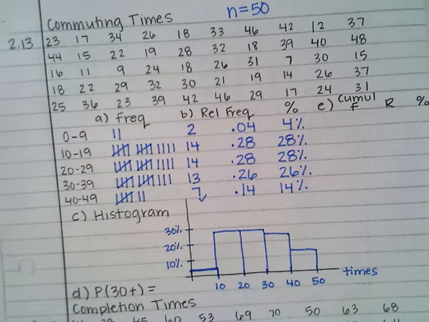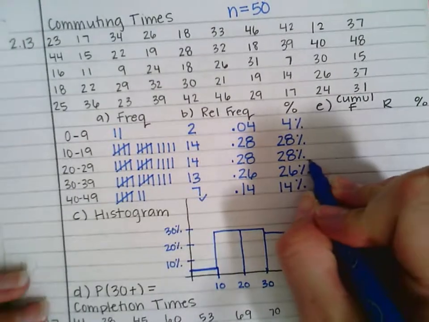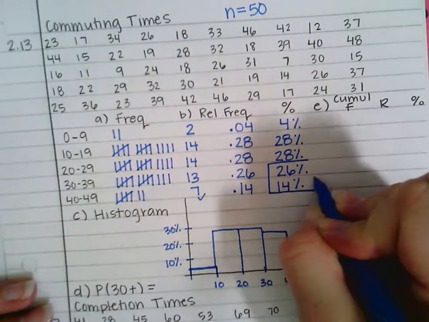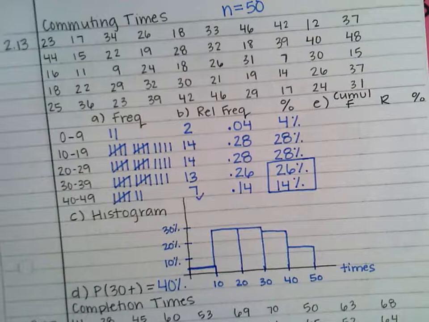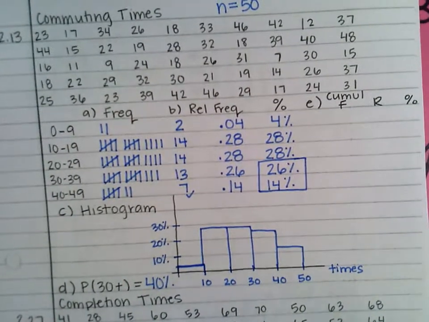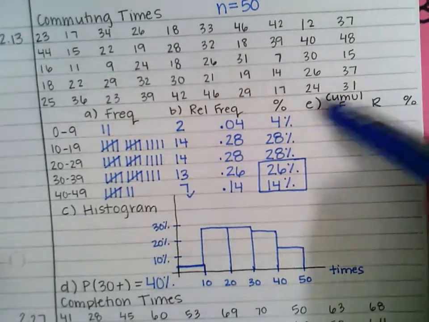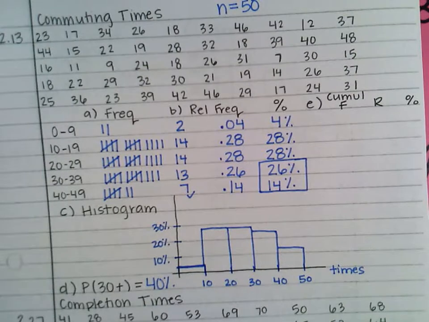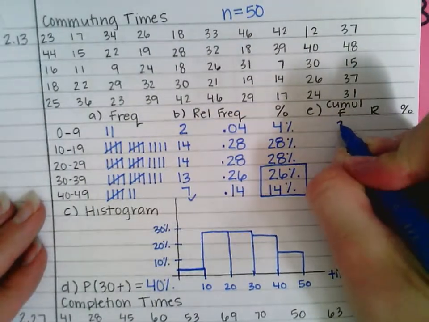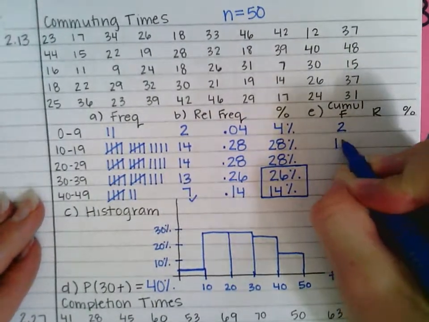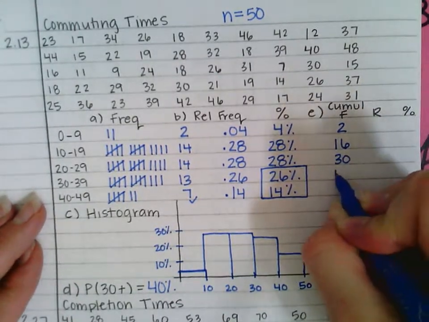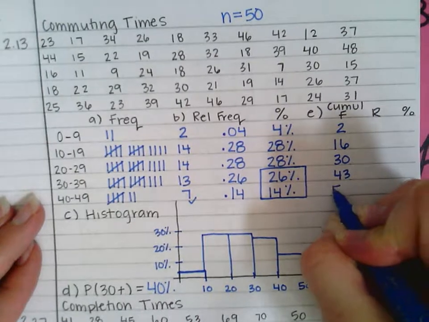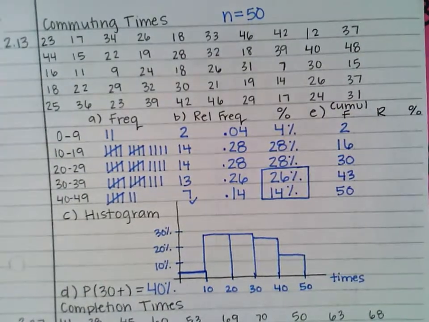On part D, it says, what's the probability, or what's the proportion, of 30 or more? Well, I can just look here at my chart and get 40%. And then the last part of this question, which I just snuck up here, was part E. So the cumulative frequencies would be 2, adding on would be 16, adding on would be 30, 43, with my final of 50.